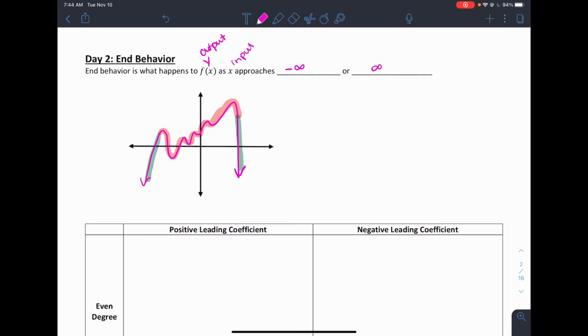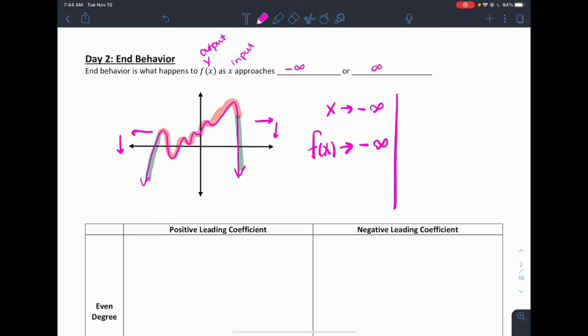So here, as we go right, the function goes down. As we go left, the function goes down. End behavior is always expressed in two statements. As x approaches negative infinity, f of x, or the output, also goes to negative infinity, because as I go left on the x-axis, my function goes down on the y-axis.